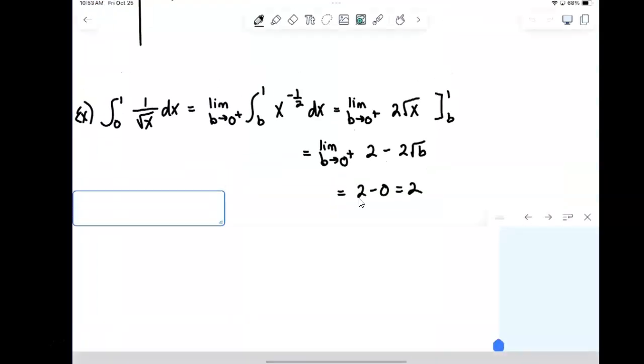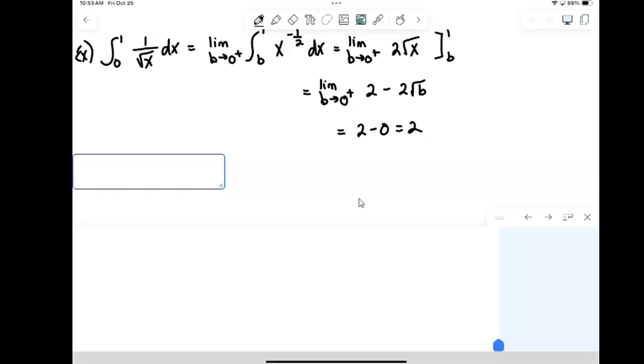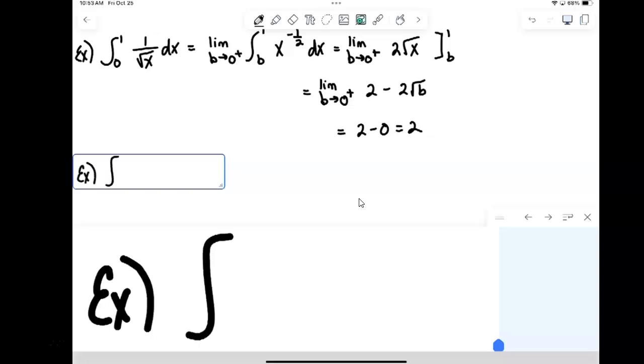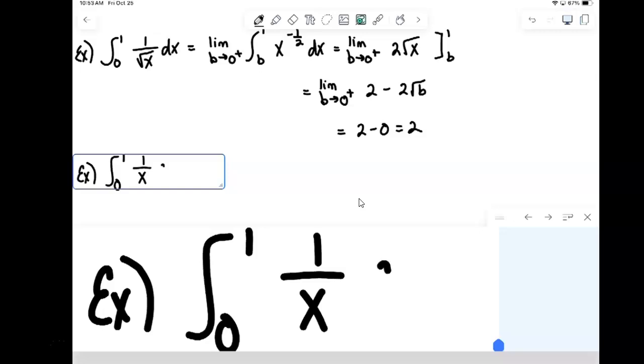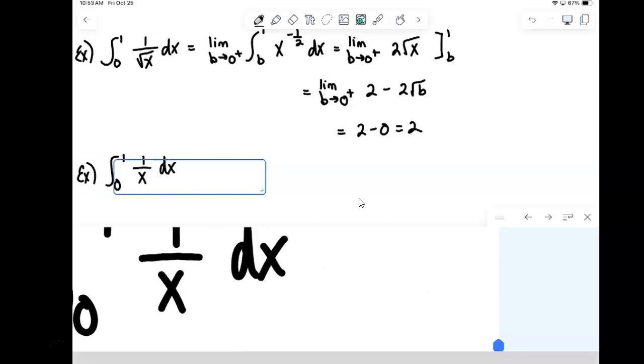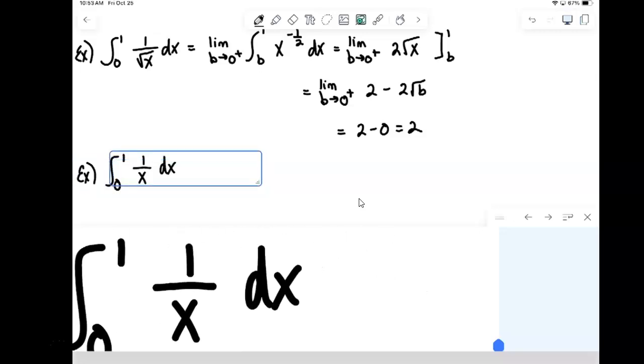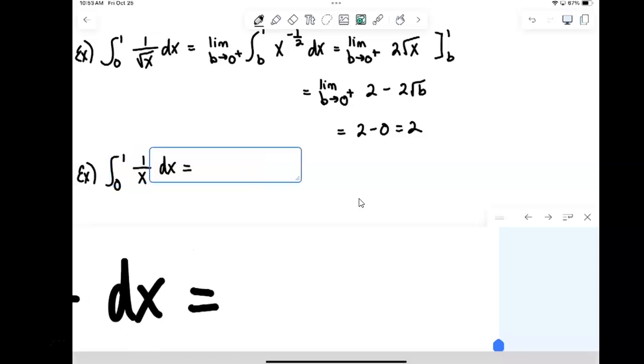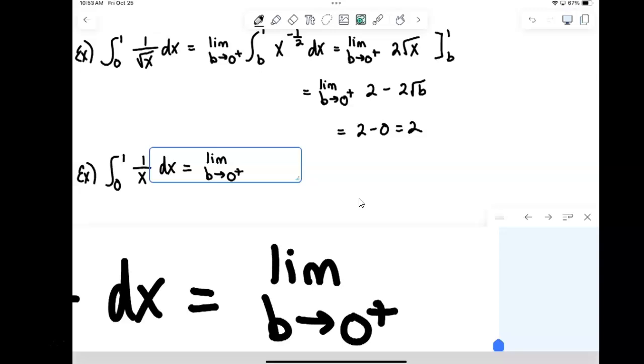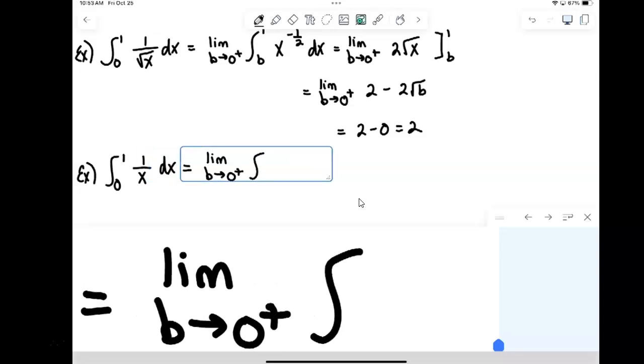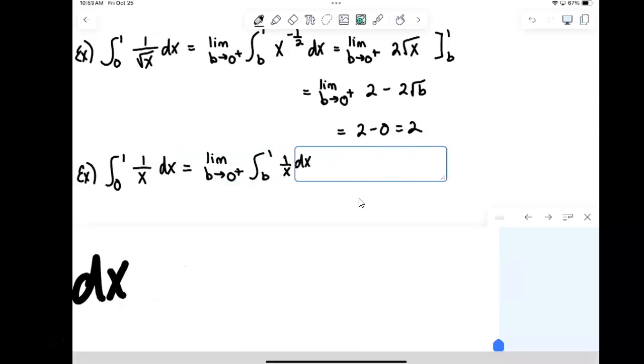Let's look at another one here. The integral for 1 over x turned out it didn't work, right? When we went to infinity. Well, what if we go towards the vertical asymptote? Well, this would be the limit as b approaches 0 from above of the integral from b to 1 of 1 over x dx. Okay.